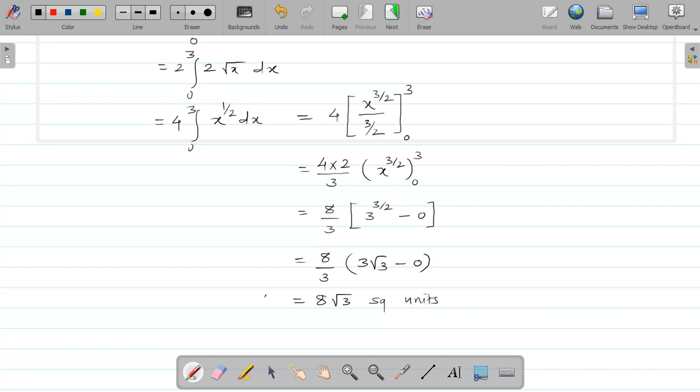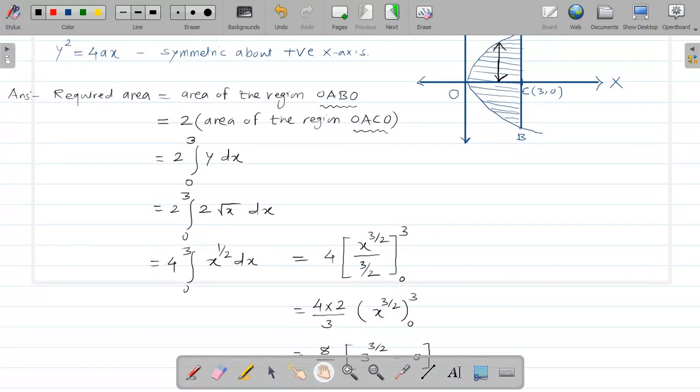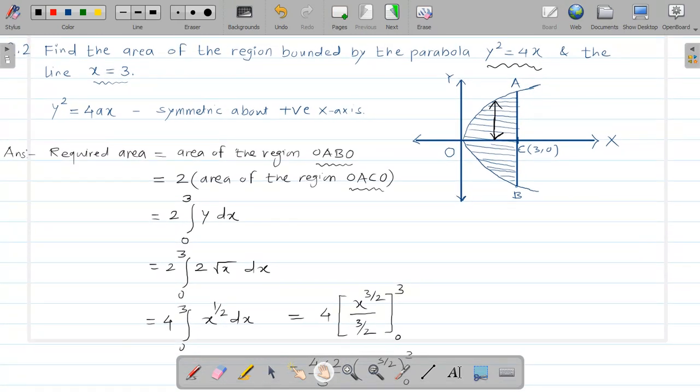So this is the required area of the region bounded by that curve and the line x is equal to 3. So see how to integrate. While taking the integration, we have to choose the region which is bounded to x-axis or bounded to y-axis.